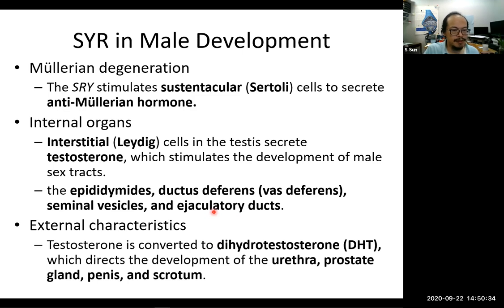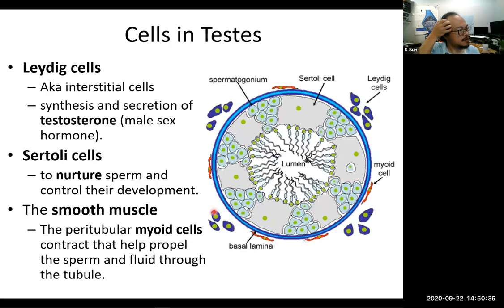Here I'm just showing you the picture to give you a visual memory, to refresh your memory about these important cells in the testis. We have the Leydig cell. Here is the interstitial portion. Leydig cells secrete testosterone all the time.